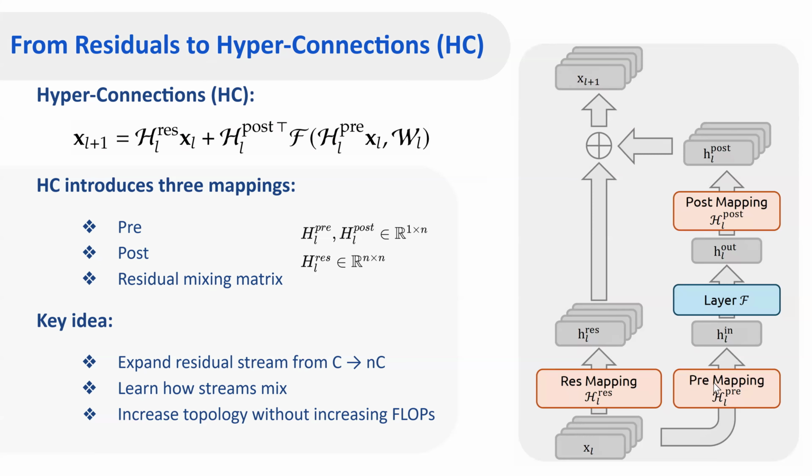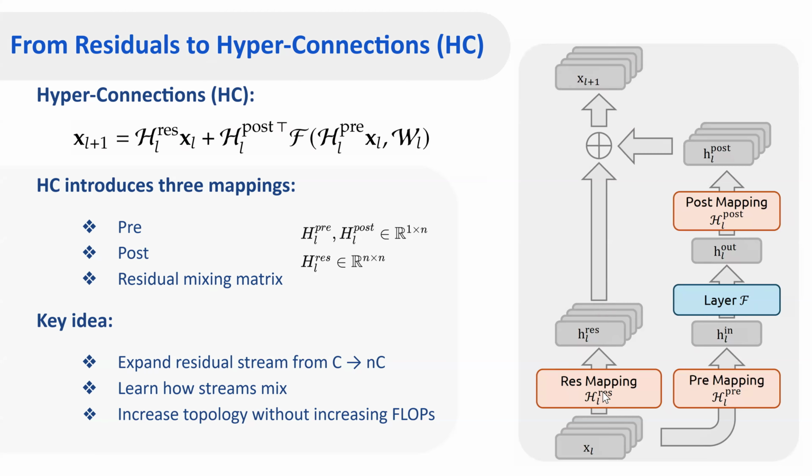And when we apply this block to all of these streams, it becomes the same as the input to this layer in the standard residual block, 1 by C. So in computational cost, we are increasing topology without increasing any floating-point operations. The most complex part is here, and the computation is exactly the same. And after that, we expand again and add it to the output of this residual path.